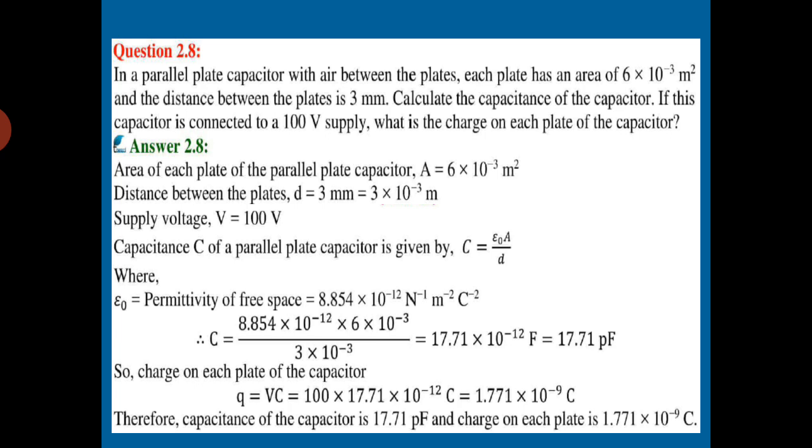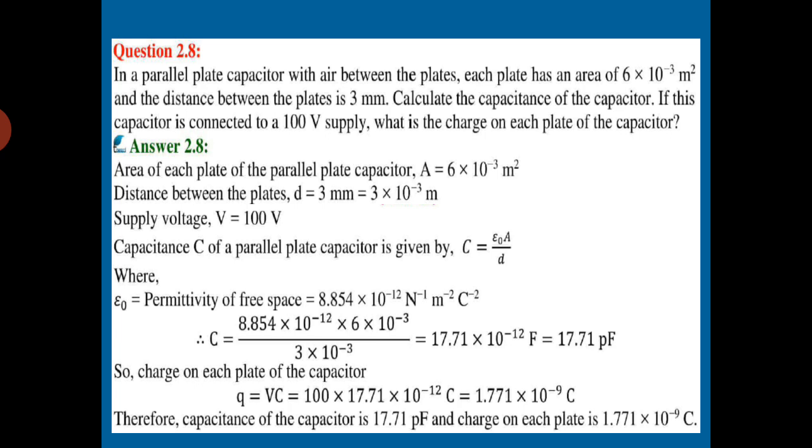So C is equal to, putting the values of epsilon naught, A and D, this C comes out to be 17.71 into 10 raised to power minus 12 farads. 10 raised to power minus 12 can be written as pico. So it is 17.71 picofarads, or simply 18 picofarads if you round it off.